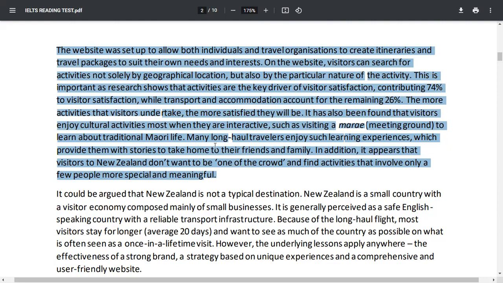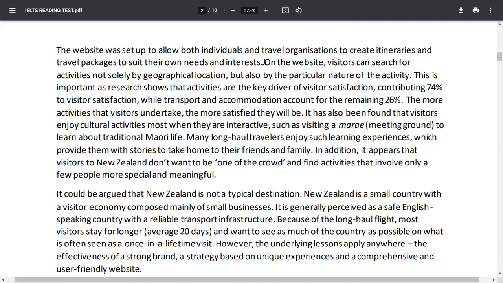If we start reading from here: on the website, visitors can search for activities not solely, solely means only, not solely by geographical location, but also by the particular nature of the activity. So two pieces of information are not given. We don't know if visitors started searching on the website by geographical location. They didn't mention that.